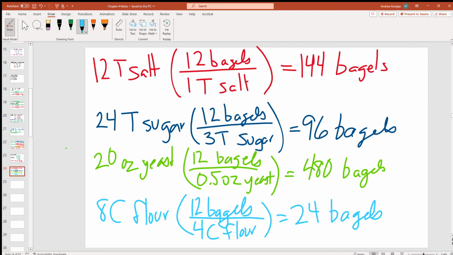So overall, we have our ingredients here, but the one that is limiting is the flour. And the flour is limiting because the amount of flour that we have will make us the smallest number of bagels.